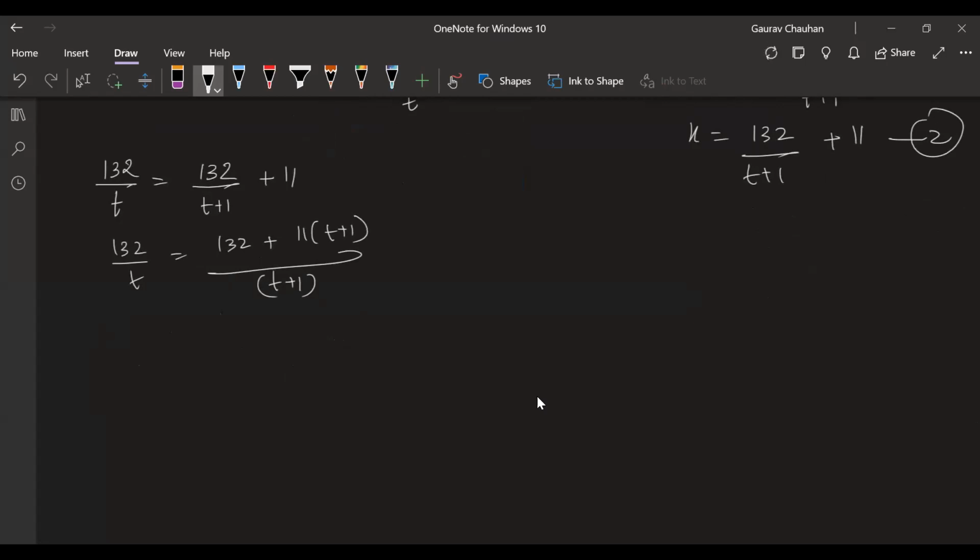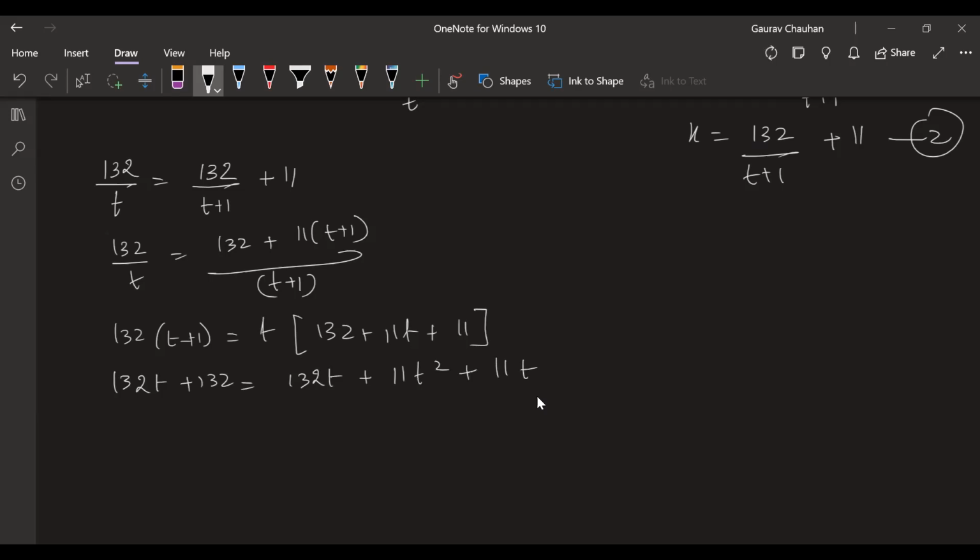Okay, I'm going to cross multiply now. I get 132 into t plus 1 is equal to t into 132 plus 11t plus 11. It's 132t plus 132 is equal to 132t. Guys, if I'm making a mistake, please unmute and tell. Plus 11t square plus 11t.